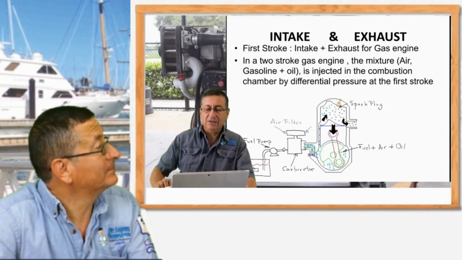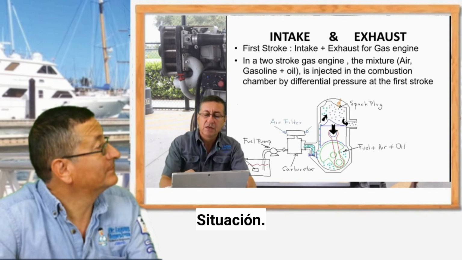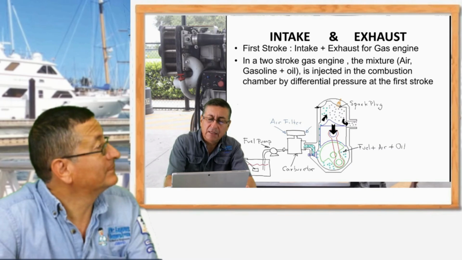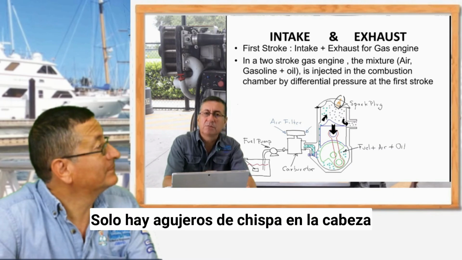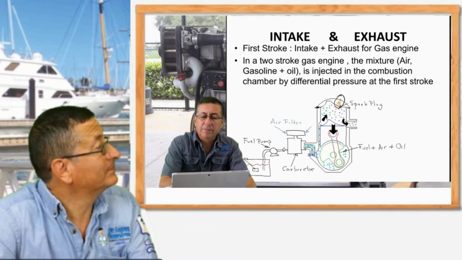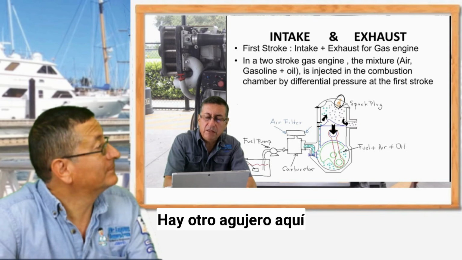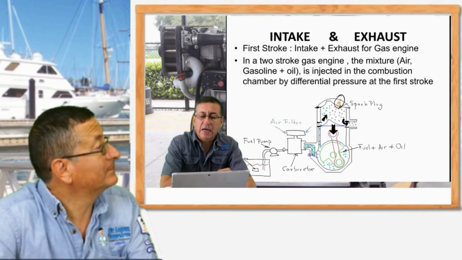Let me show you. This is exactly the situation. This is the block, and this is the head. The head only has the hole for the spark plug. On the cylinder you have one hole here for intake and another hole here for exhaust.